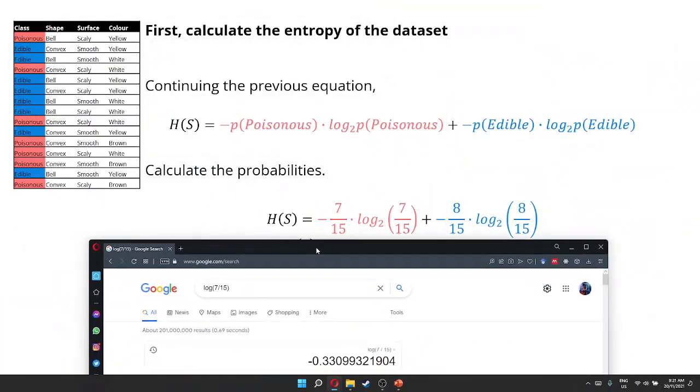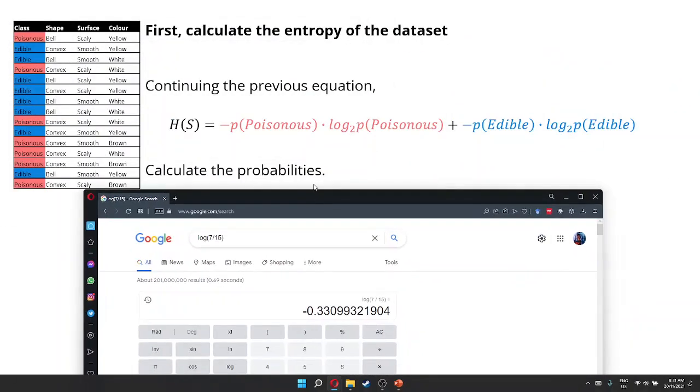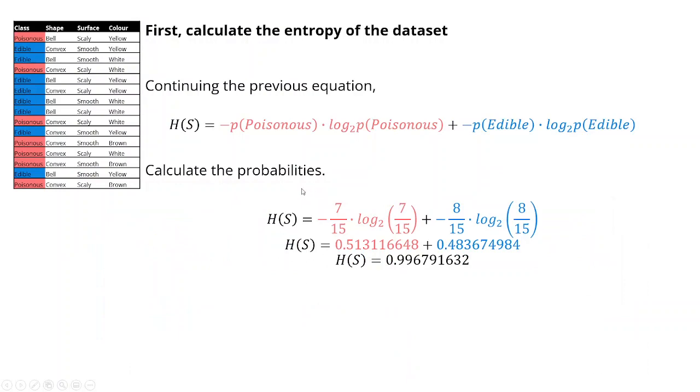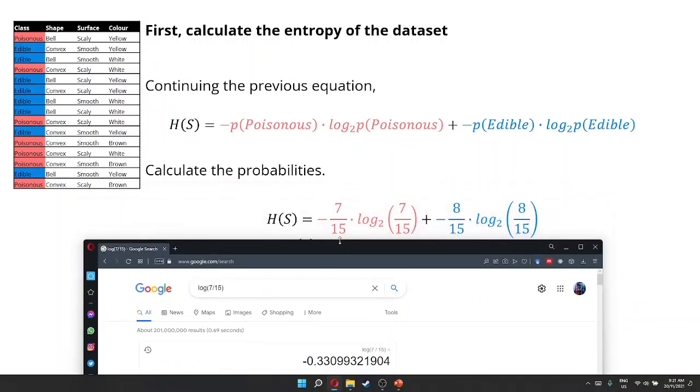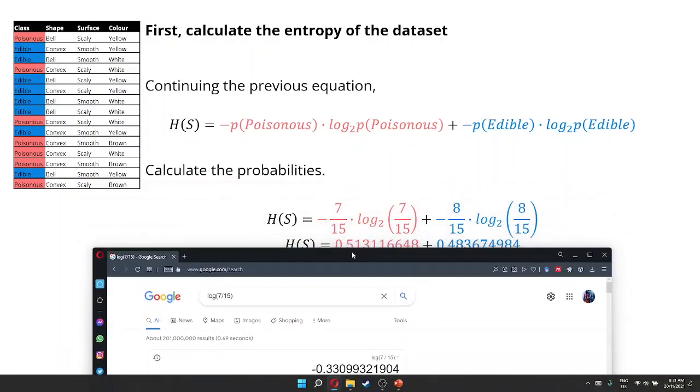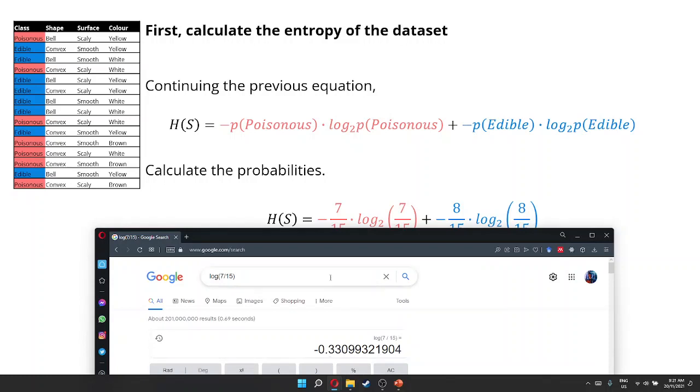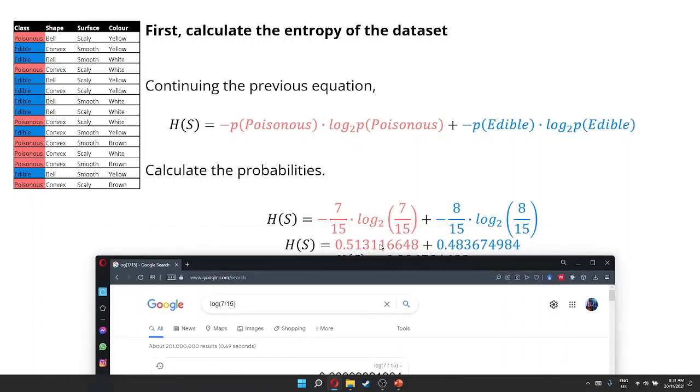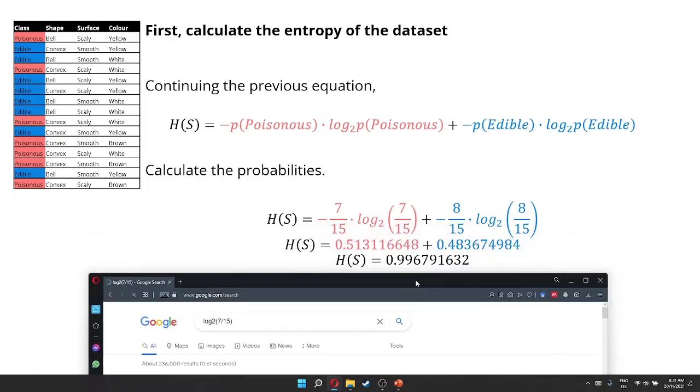The answer is negative 0.33, right? Which is not the same as this, because again our equation uses log base 2. So what is the log base 2 of 7/15?